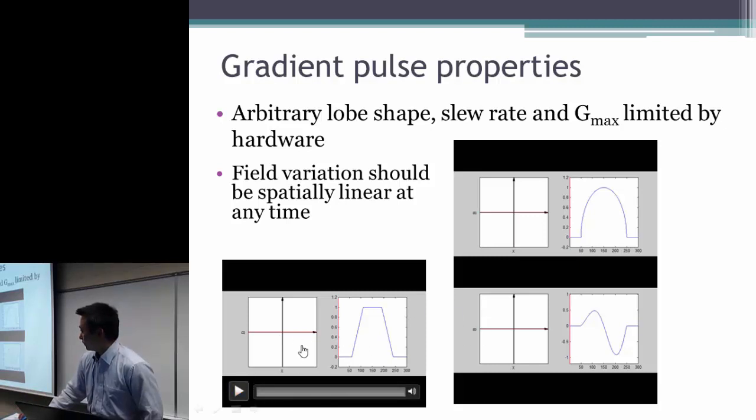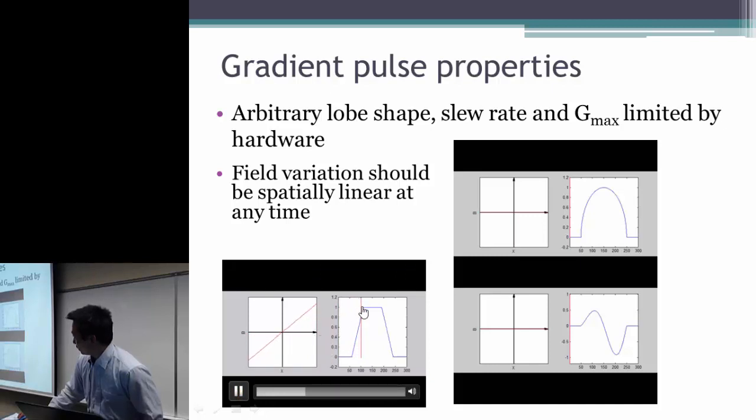So let's see how the strength of the gradient at different temporal points correlates to this actual field distribution. When it is 0, there is no field distribution.